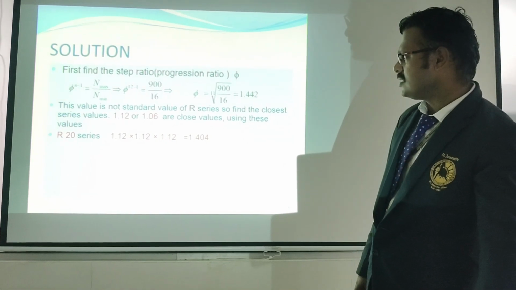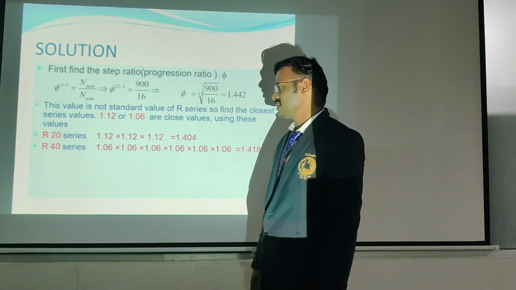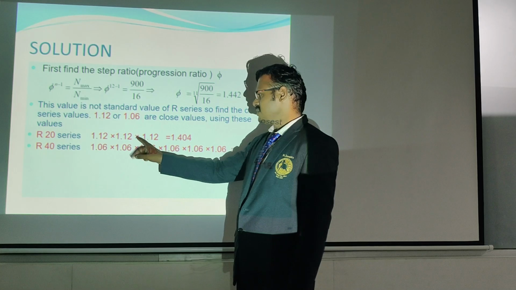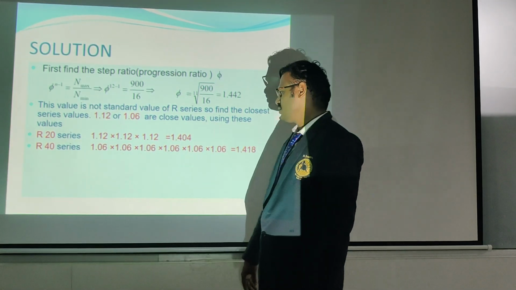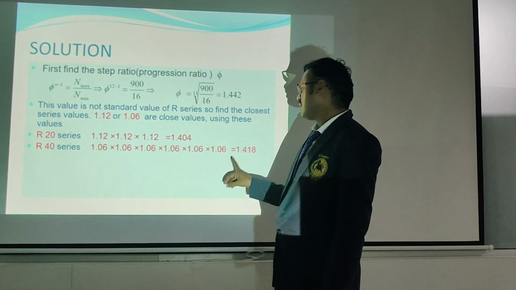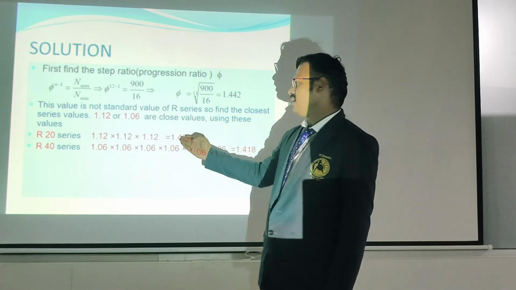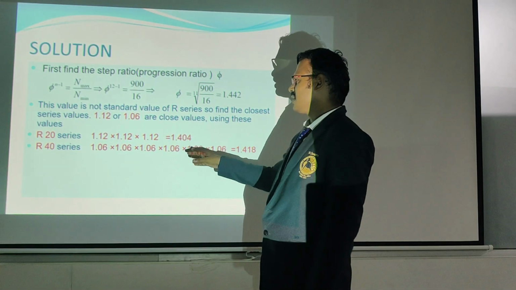R20 series value is 1.12, R40 series value is 1.06. If I multiply 1.12 2 more times, I will get 1.404. If I multiply 1.06 5 more times, I will get 1.418. So you can take R20 series or R40 series, both the values are correct only.